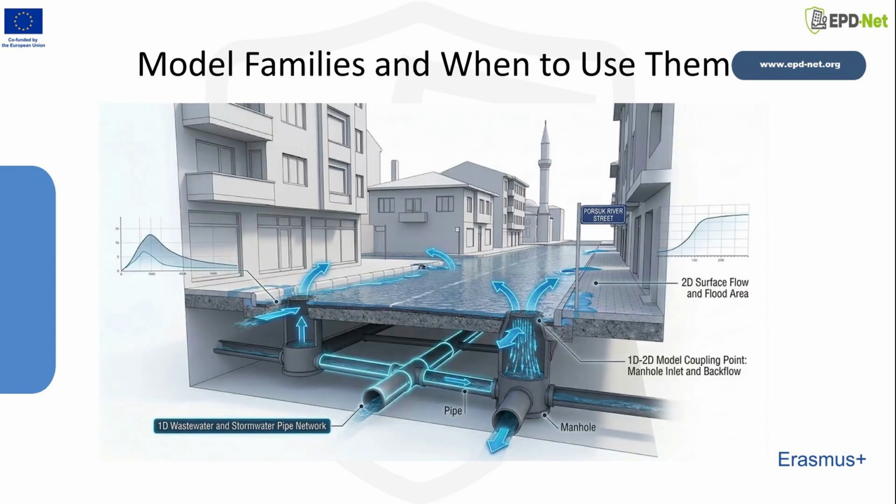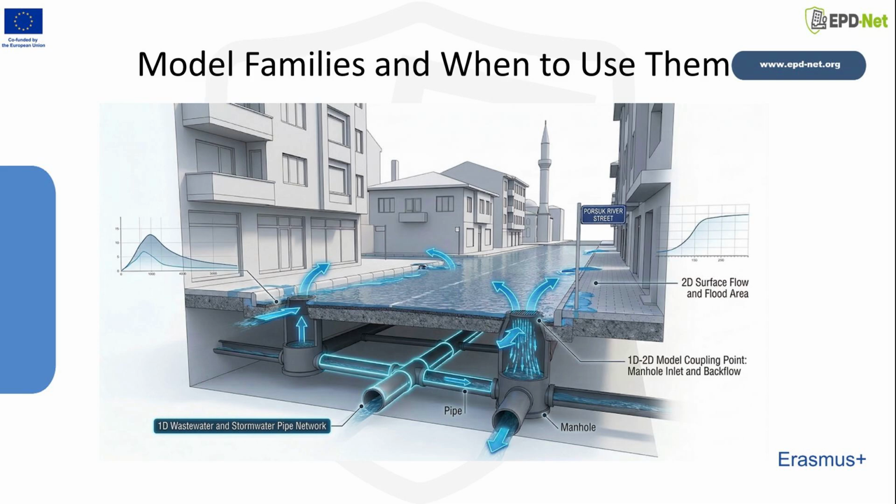With data in mind, we can choose the right model family. Hydrologic models are often best for rapid runoff screening and catchment-scale scenario comparisons, especially when the objective is to compare alternatives rather than map precise street depths. Their trade-off is limited representation of street-scale hydraulics. Hydraulic models, especially coupled 1D-2D approaches, are best when you need sewer-surface interaction and spatial mapping of depth, velocity, and hotspots.